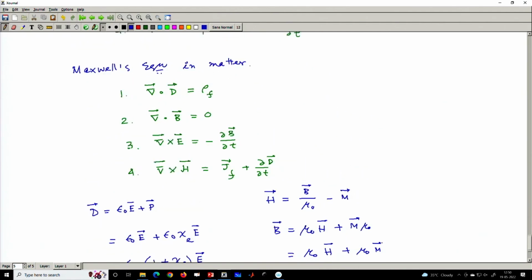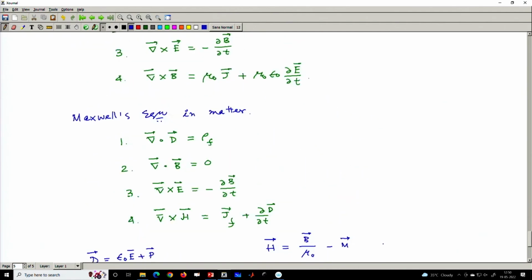So this is the way we can represent the Maxwell's equation in different cases.